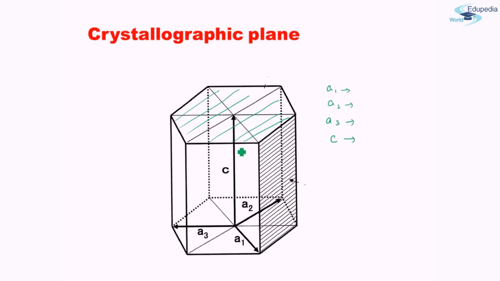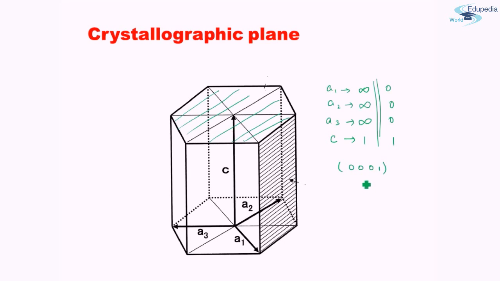This plane cuts A1 at infinity. It cuts A2 at infinity as well. Thereby A3 is also cut at infinity, and C will be effectively 1 unit, right? So 1 unit. We take the reciprocal, we get 0 0 0 1. Therefore the Miller indices for this particular plane is 0 0 0 1.